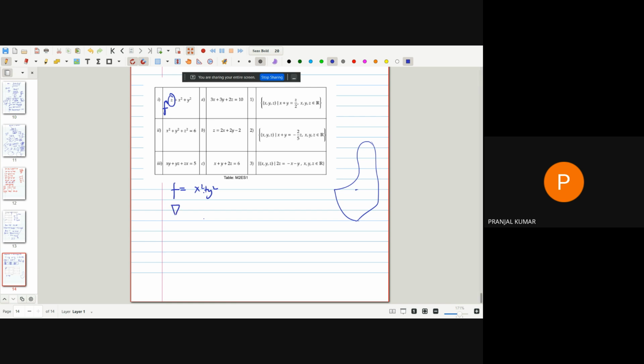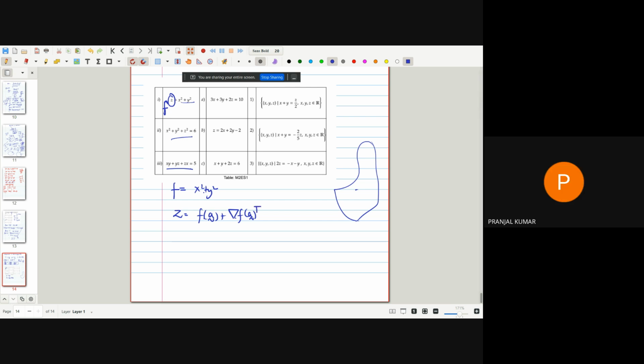So what you have to do: what is the tangent hyperplane? Again, all these curves are nice polynomial functions, so no problem will occur. You can be rest assured. So let's do it. What is the tangent hyperplane equation? It is z equals f of a tilde plus delta f of a tilde transpose times x tilde minus a tilde.